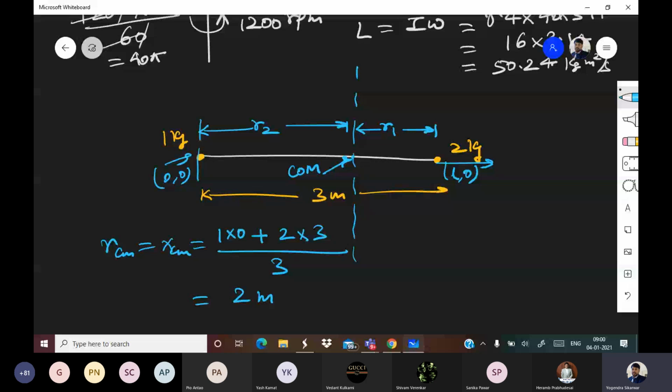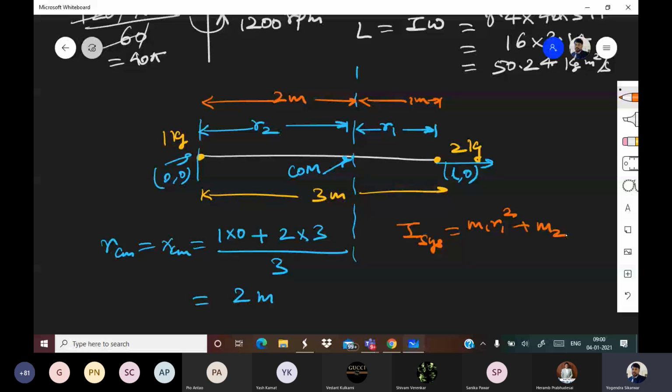So this is 2 meters, and this will be 1 meter because the total length is 3. Now I hope you can get the answer very easily. The moment of inertia will be M1 R1 square plus M2 R2 square.